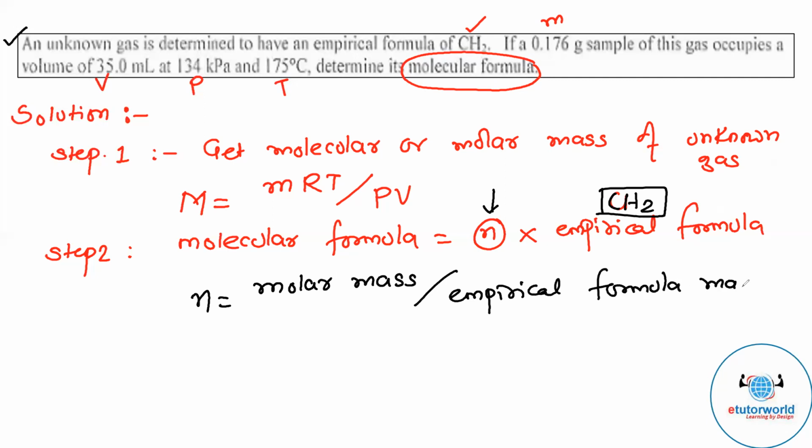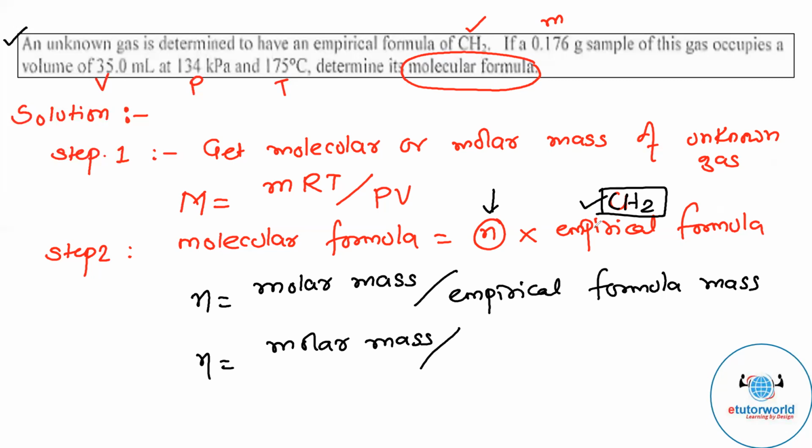Empirical formula mass. Now, Aditi, the empirical formula is already given, that is CH2. So what will be the empirical formula mass? You have to just add the atomic masses. I will explain how you are going to do.